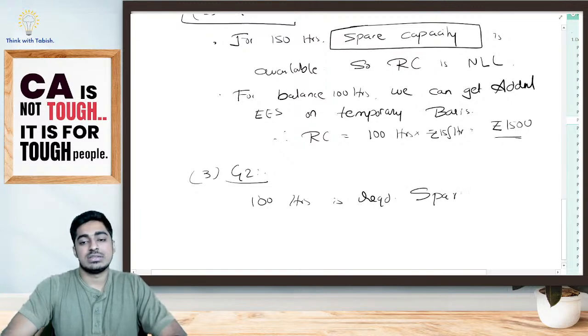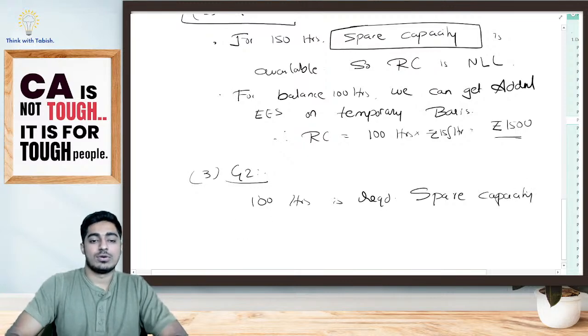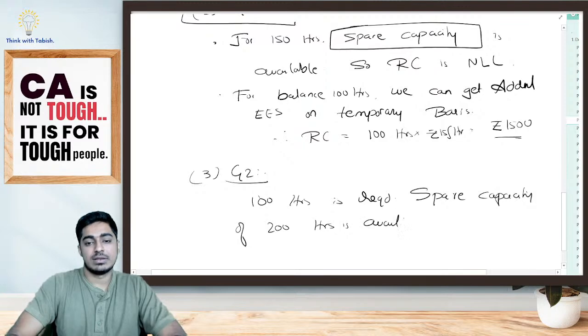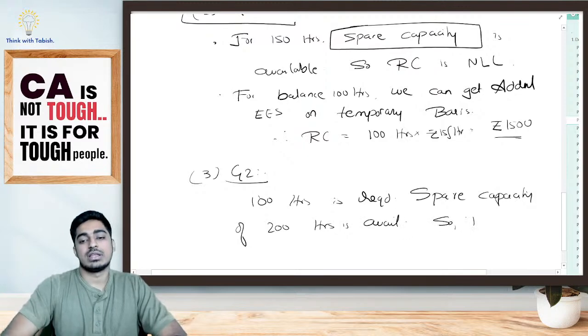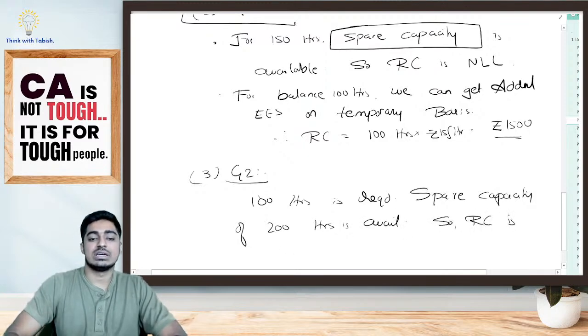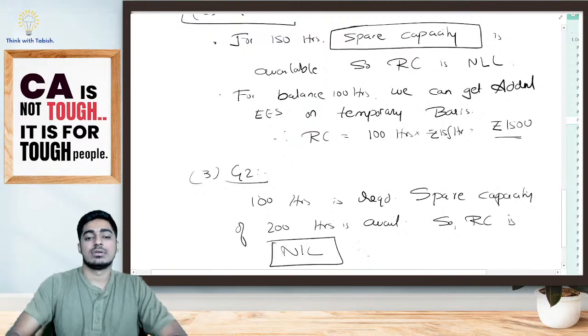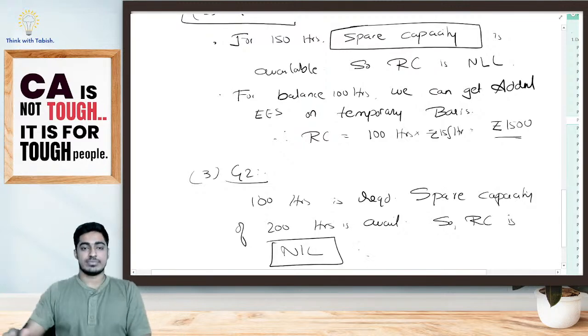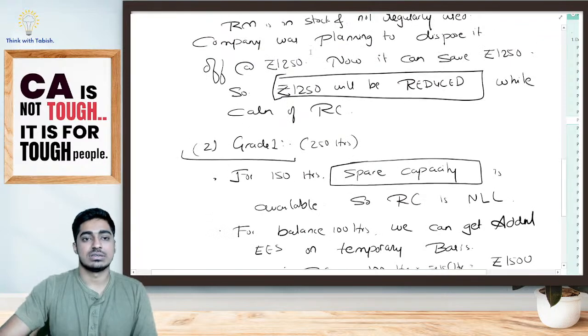Spare capacity of 200 hours is available. So the relevant cost is as simple as that. Is it clear, students?